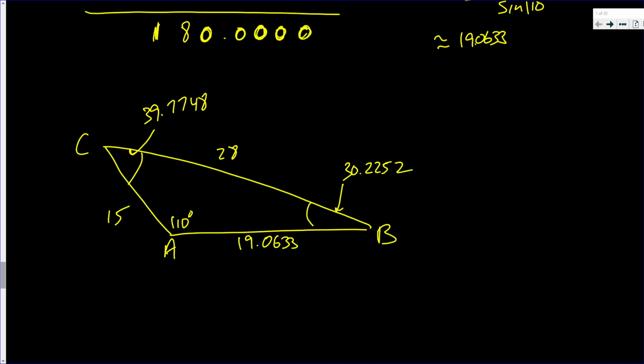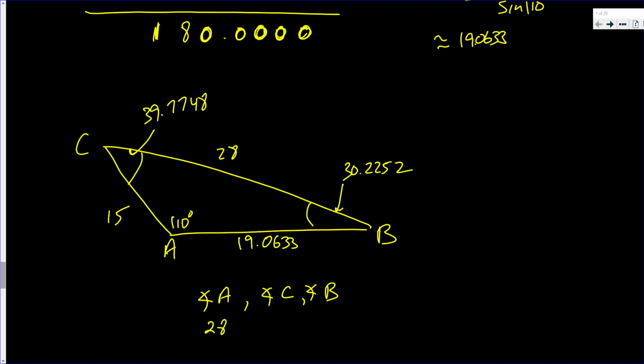Order the angles from highest to lowest: angle A, angle C, and then angle B. It should be the same for the sides.